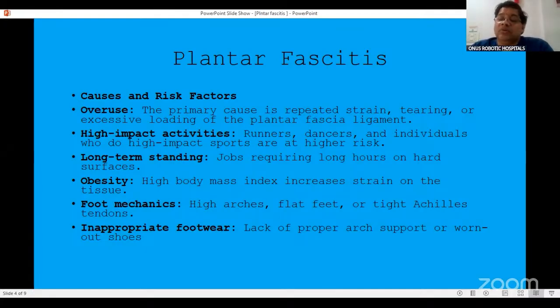Also, with a cavus foot, where the arch is very high, you will have pain in the plantar fascia. And if you have any inflammation or infection around the heel, you will have pain too.